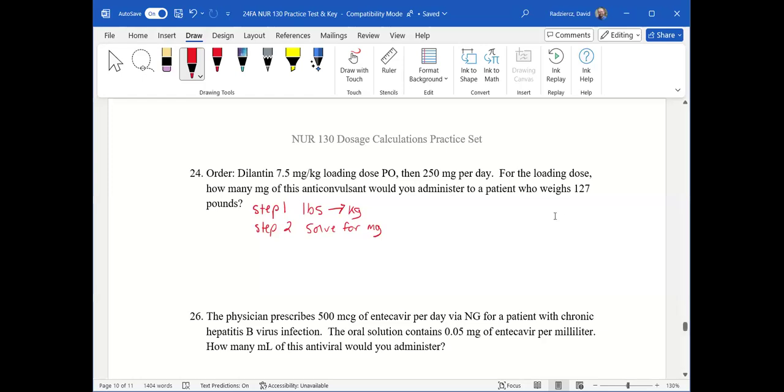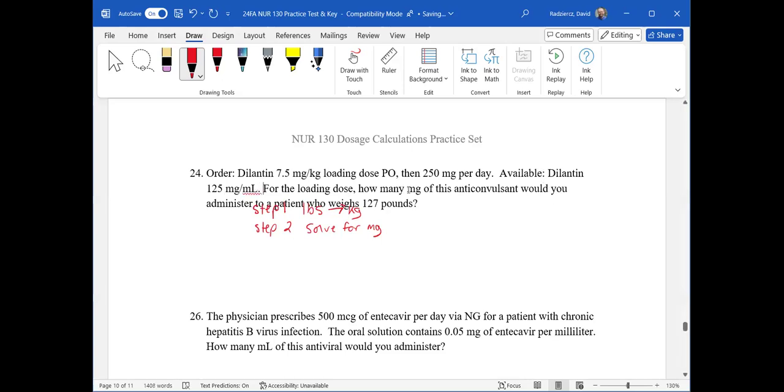Well, here, actually, I will add that in there. So I'll just write available Dilantin 125 milligrams per liter.